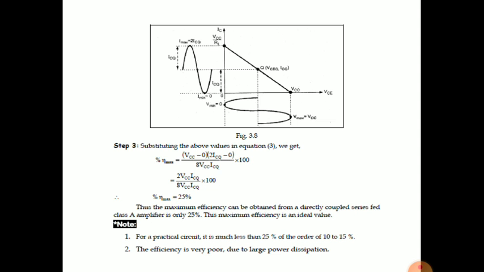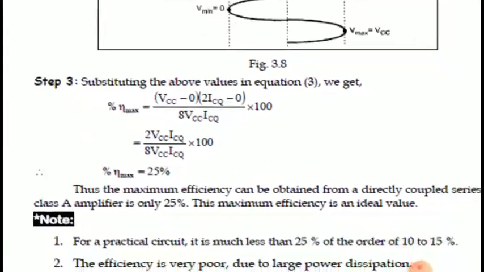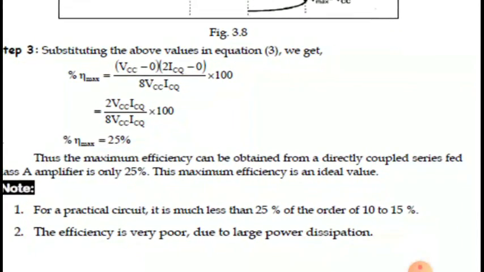Then percentage eta maximum, because we need the maximum efficiency, so we consider the maximum values. Then (VCC minus 0) into (2 ICQ minus 0) by 8 VCC ICQ into 100. Simplifying, it becomes 2 VCC ICQ by 8 VCC ICQ into 100.